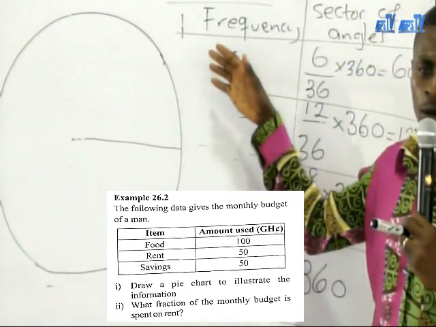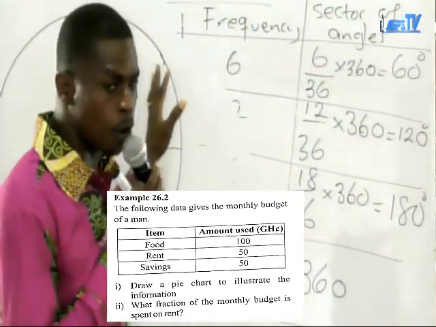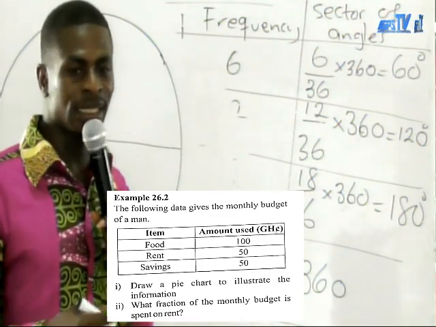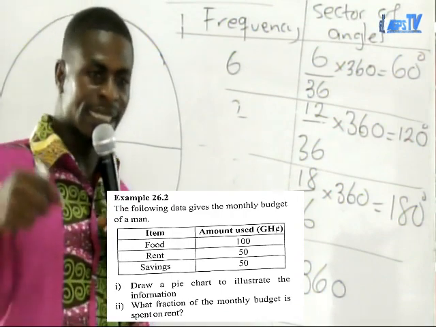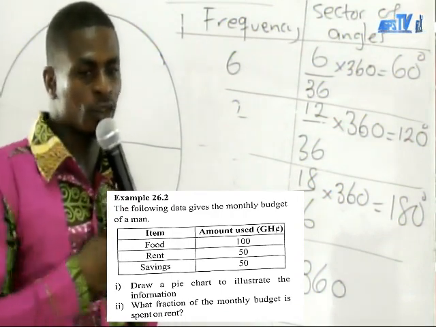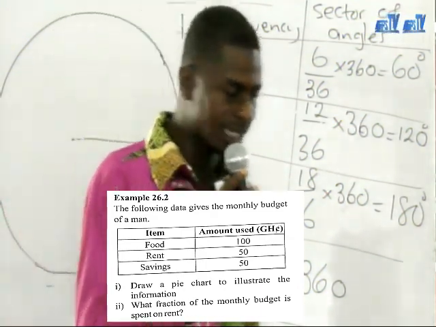Now, on a more serious note, the amounts on my right on the screen are once again my frequencies. That is the amount of money I intend to spend for each item. That is for food, rent, and savings.